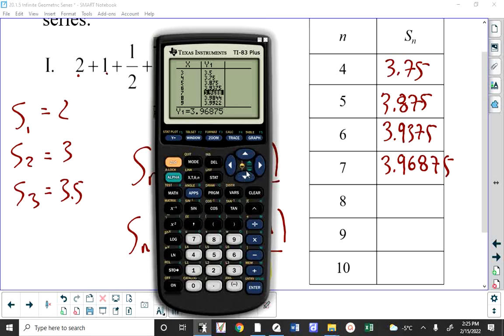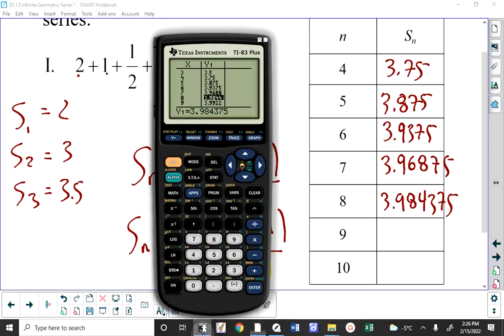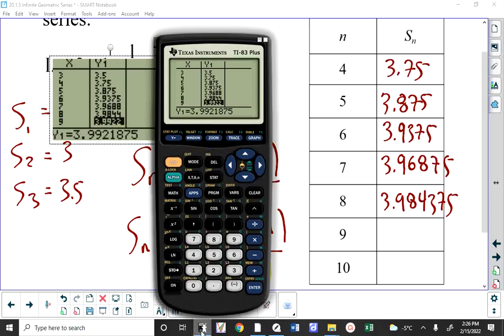The next one is at 8, which is 3.984375. And believe me, the point is not that they all end in 0.75. And the point is not what the actual numbers are. There's a bigger picture to what's going on here. Then this number, which, you know what, I'm not even going to bother writing down all those decimals. It's not worth my time.